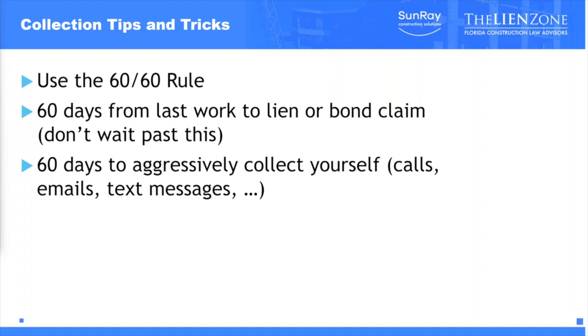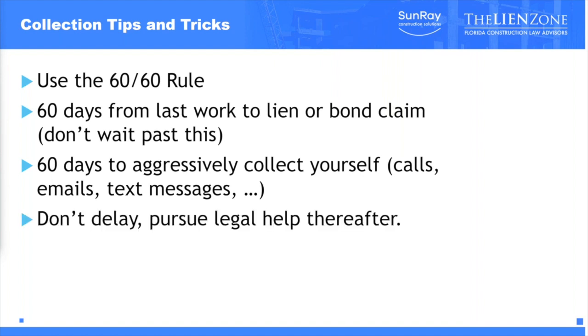The next 60 days should be the time that you spend to try to collect the debt. But if those two don't work, do not delay in seeking legal help. Our ability to collect a debt typically is diminished the longer the debt is past due. So the sooner you can start the collection efforts, the better off you're going to be.